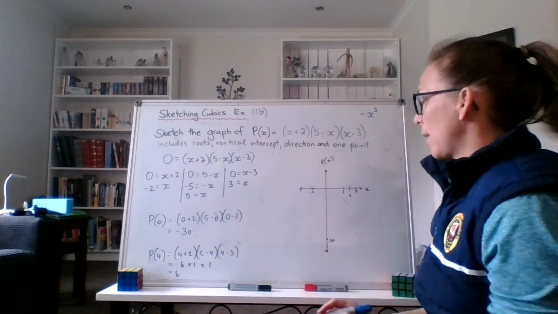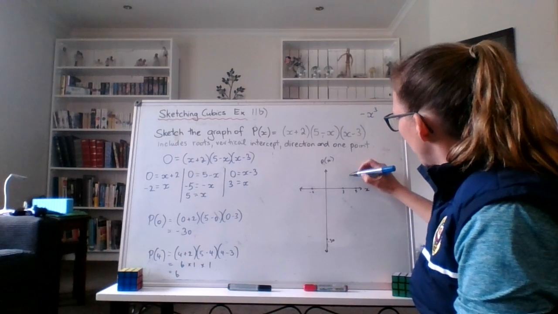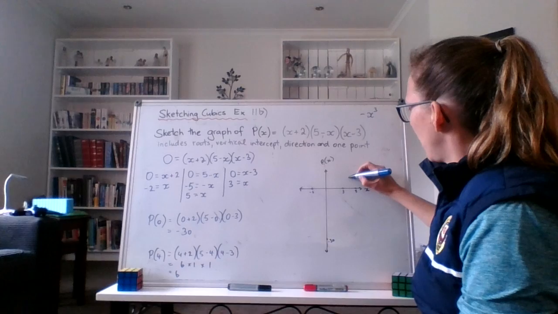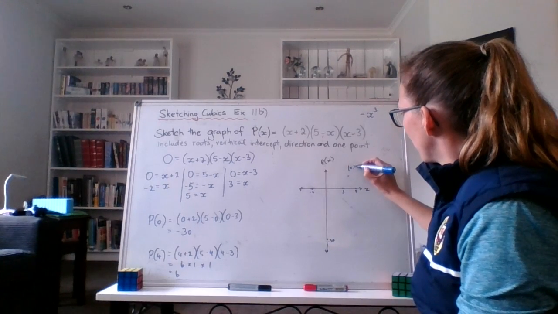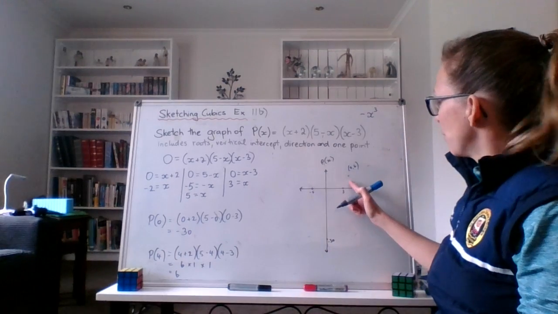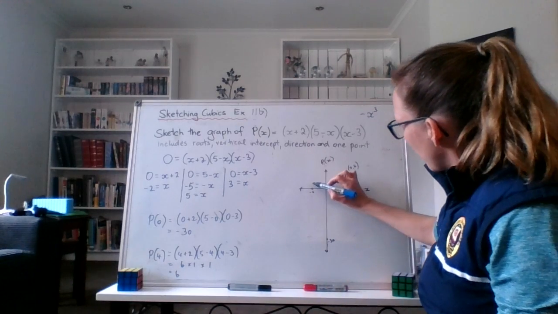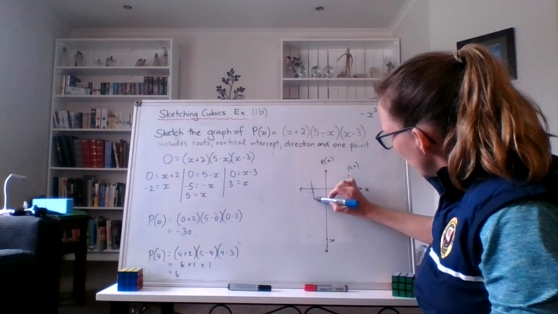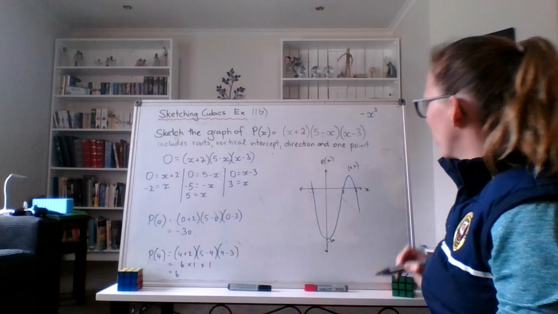So I've just found that when x equals 4, there is a point at y equals 6. So I've got a point here at (4, 6). I can do that for anything. I can pick whatever I like. I've just chosen 4 because it lies halfway between 3 and 5. And that confirms the shape of my graph. So now I can try and draw something in that goes through all of those points.